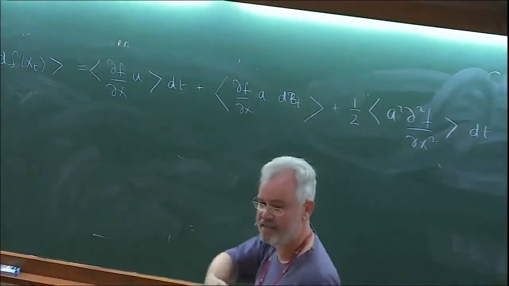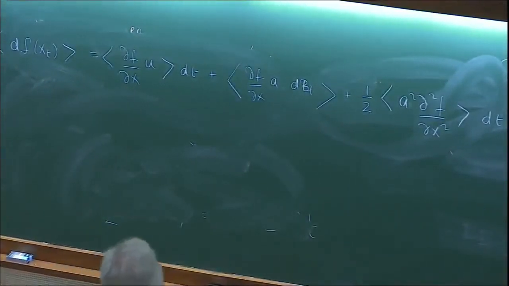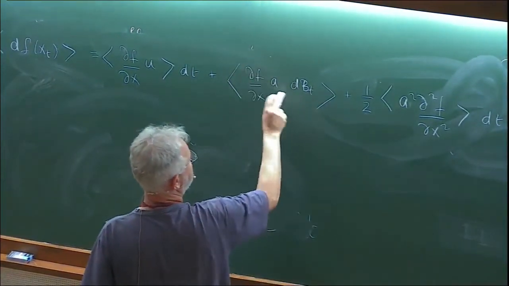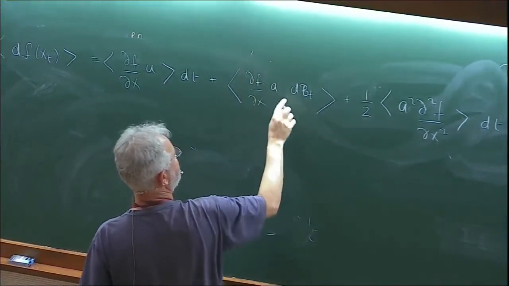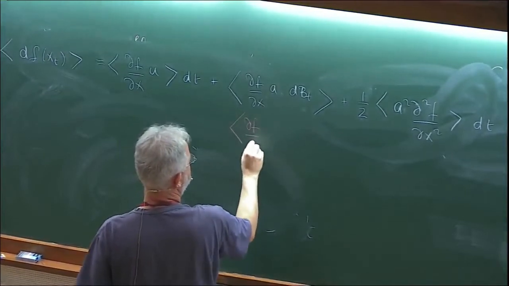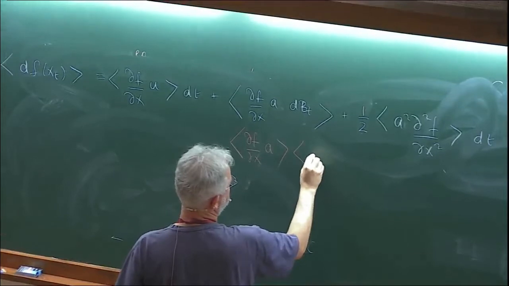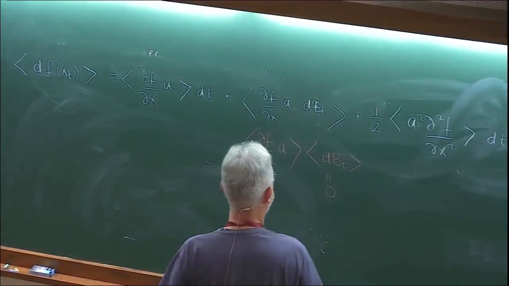The dB of t is drawn out of the computer at the next step for the evolution. So what that means is these two guys here are independent. So when I calculate this average, it's evaluated at x of t, but this is just the average value of dB of t. So this guy here is equal to 0.